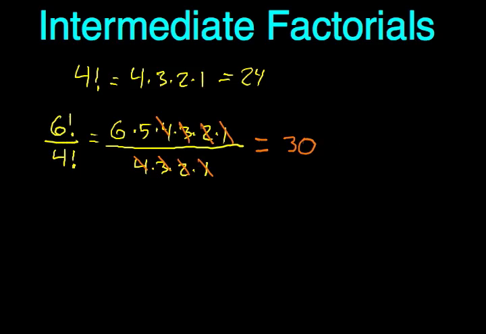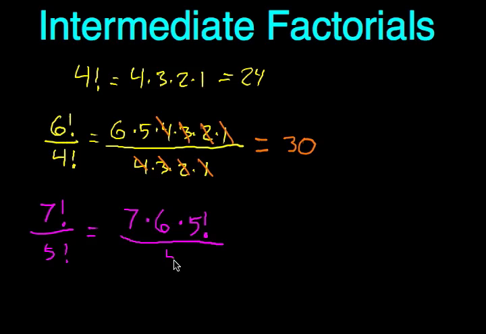Let's try another example. Let's try 7 factorial over 5 factorial. To save time, I'm not going to write this whole thing out, but I will write that 7 factorial is 7 times 6 times 5 factorial. Instead of writing 5 times 4 times 3 times 2 times 1, I'm just going to write 5 factorial.